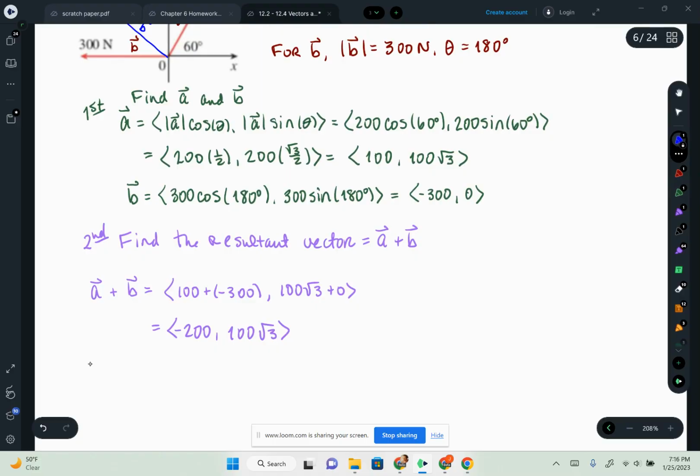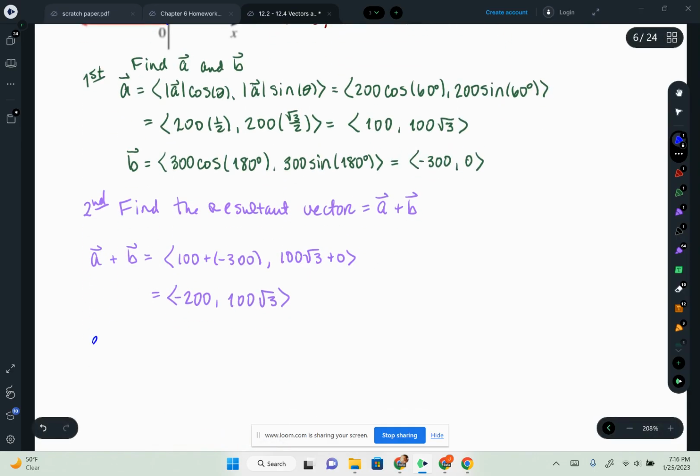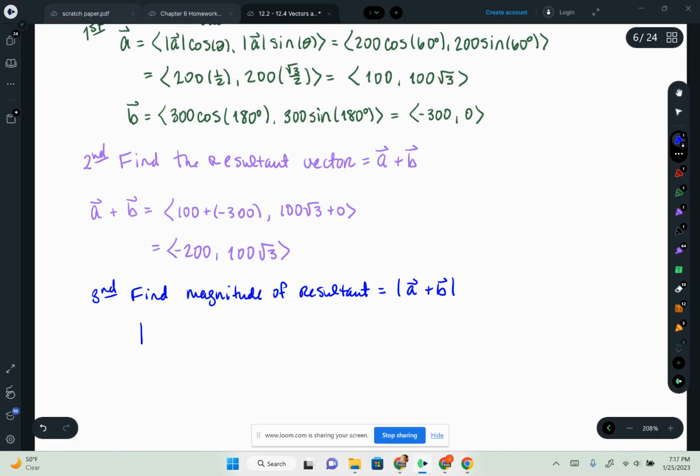The next part, we found our resultant. What are we looking for here? We're supposed to find the magnitude of the resultant force. So third, find the magnitude of the resultant, which equals the magnitude of A plus B. We already found A plus B, so our magnitude is going to be the square root of the sum of squares.